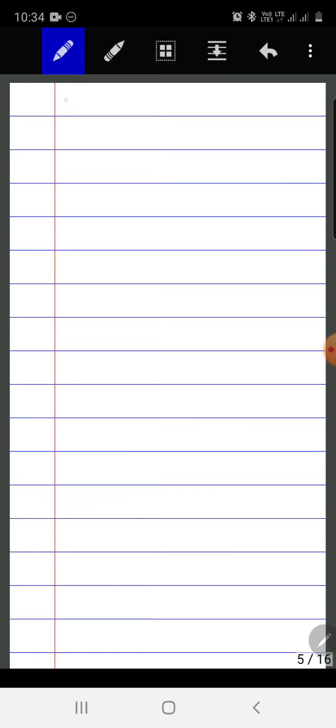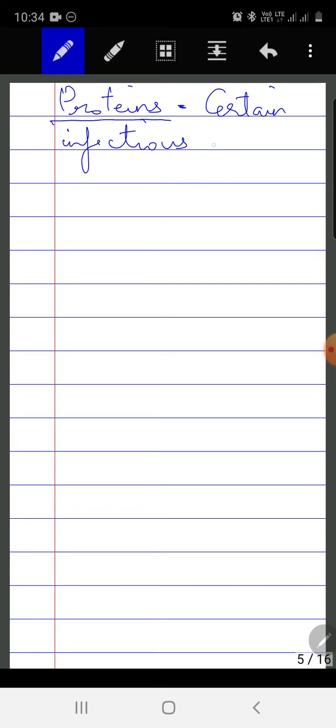Proteins. Now, there are certain infectious proteins. I'm just trying to give you evidences because of which we can say that organic molecules like proteins and DNA can also reproduce.